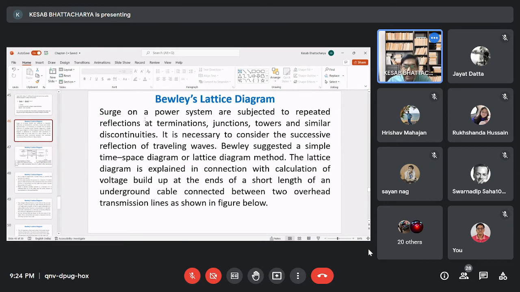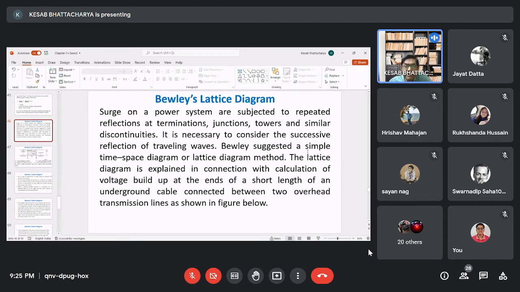Now, as mentioned in the slide, surges on a power system are subjected to repeated reflections at terminations, junctions, towers, and similar discontinuities. It is necessary to consider the successive reflection of traveling waves.